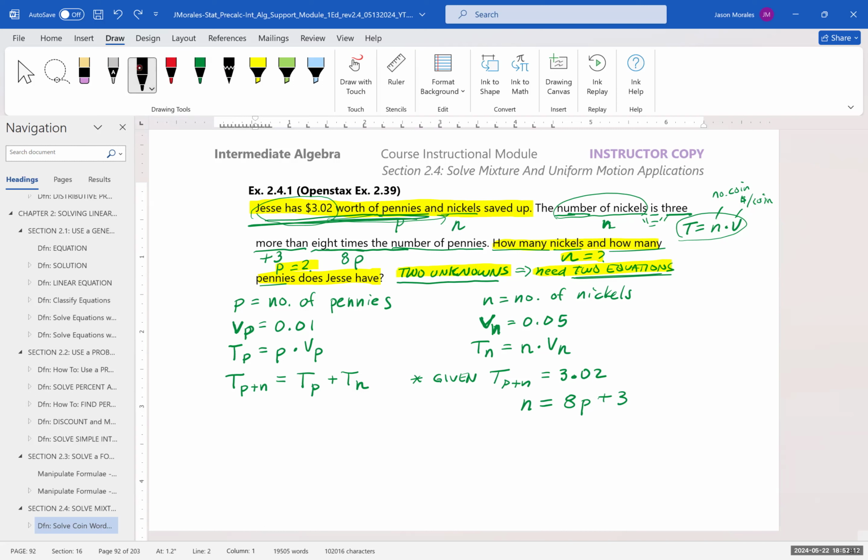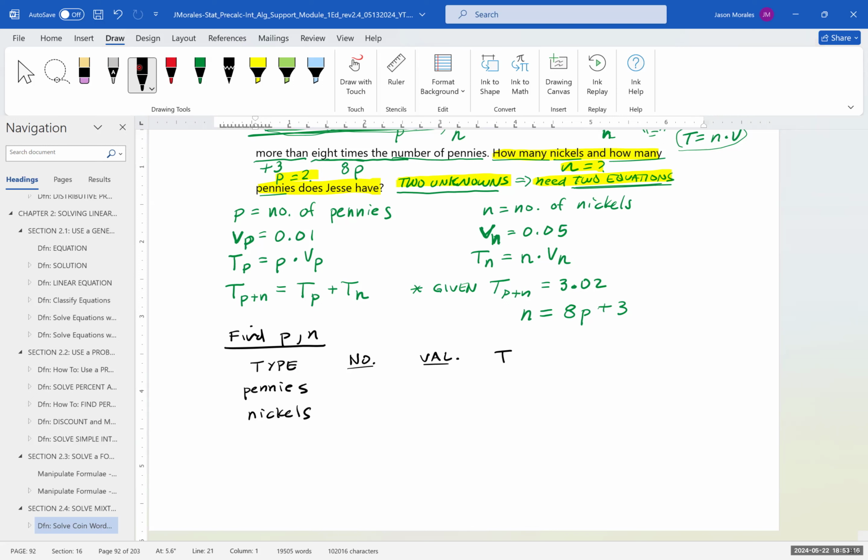We're going to have the number of coins, the value of the coin, and the total value, and I'll give a subscript here. You'll notice I've written this equation T equals N times V in reverse, N times V equals T. So let me make a table out of this.